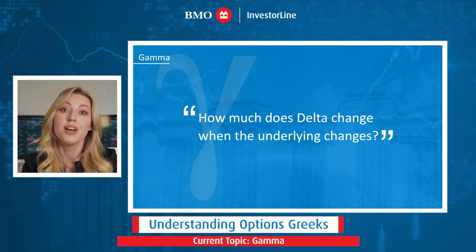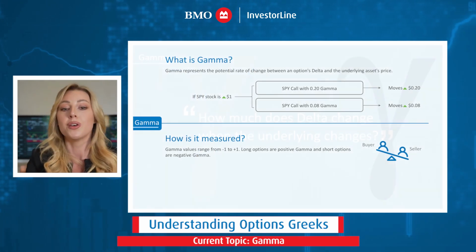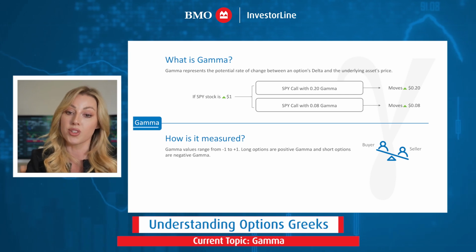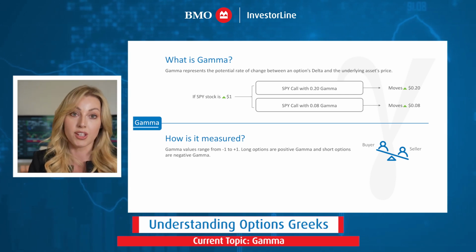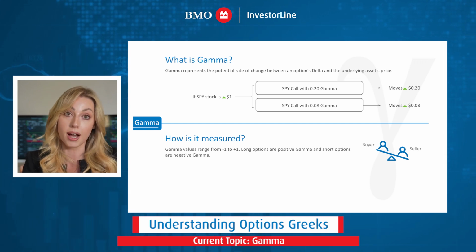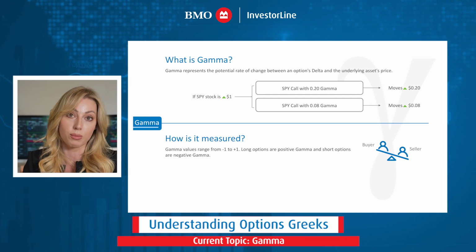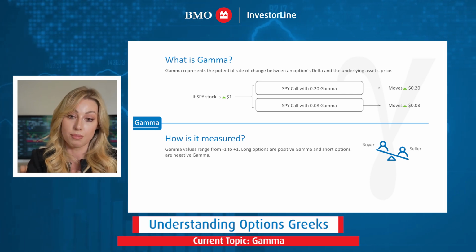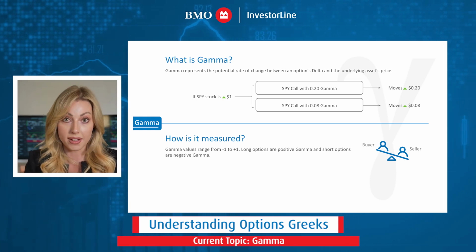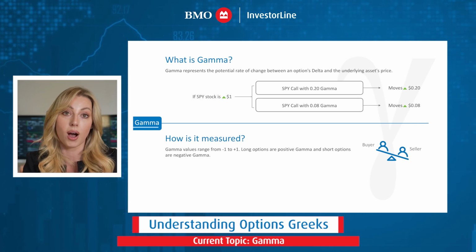So now we're moving back to the intrinsic value component, but we're adding another layer, if you will. So in real terms, what you would see on an options chain, if we have gamma representing that change in delta, if SPY in our example were to move up or down by $1, and we had an SPY call with a 0.2 gamma and an SPY call with a 0.08 gamma, then the 0.2 gamma, on that scale from 1 to -1, would move up by 20 cents if the SPY were to move up.